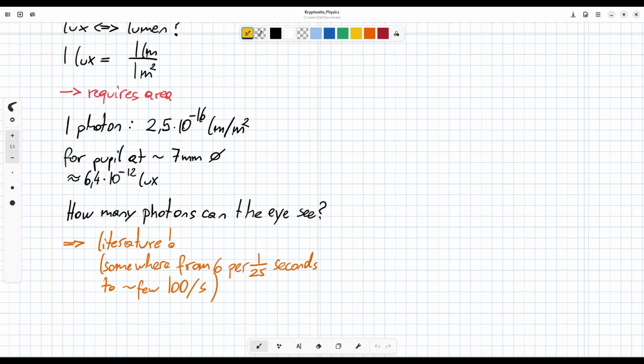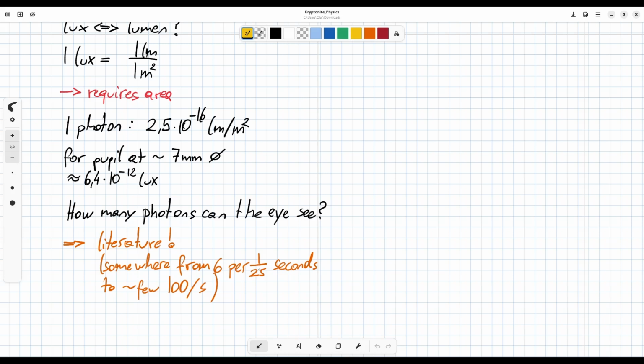Now, how many photons can the eye reliably see? The paper that Chris gives here makes experiments about single photon detection. While technically that is apparently possible, it's not enough for reliable detection, not reliable in the sense that you could perceive an object permanently there from just 1 photon.